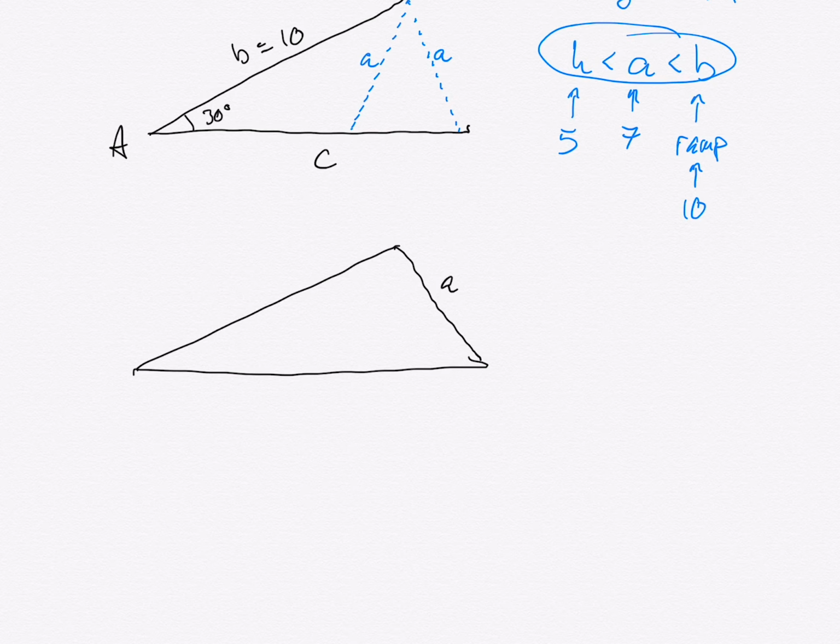This is going to be side length A, which I said is 7. This is still 30 degrees. This is still 10. This is angle B. This is side length C and angle C.